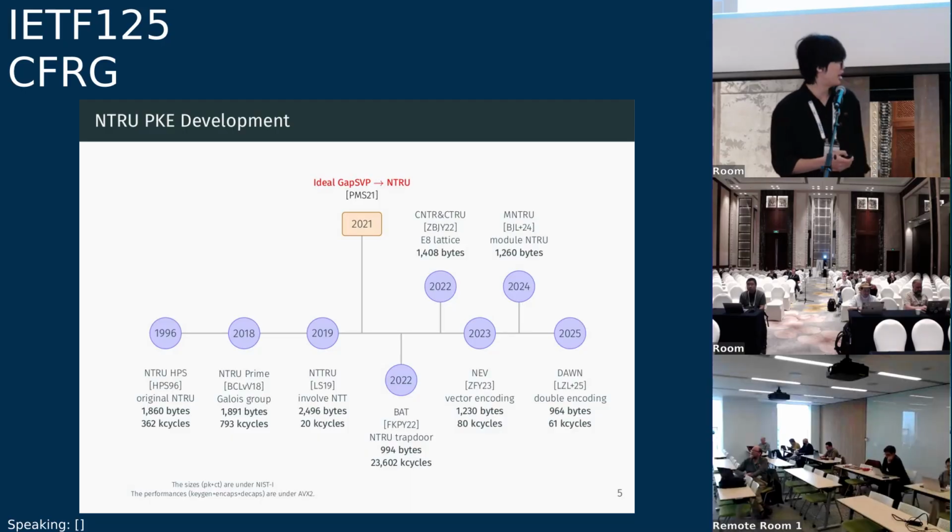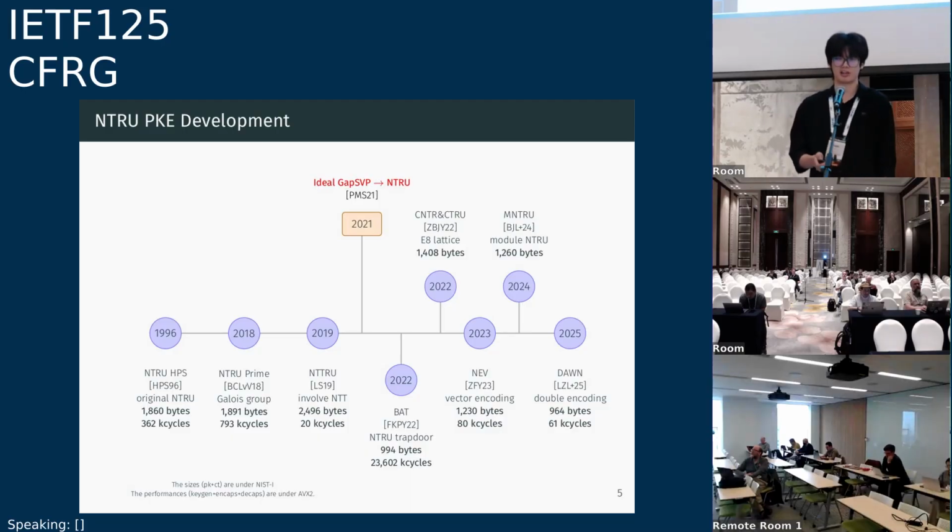Then we take a glance at the development of NTRU. The story begins in 1996 with the original NTRU, and this family of NTRU continues to evolve both in practice and theory. They went through some complex constructions in recent years, and we see in the original NTRU they got 1860 bytes for the sum of public key and ciphertext, and for the latest NTRU public key encryption, maybe the size is only 900 or so.